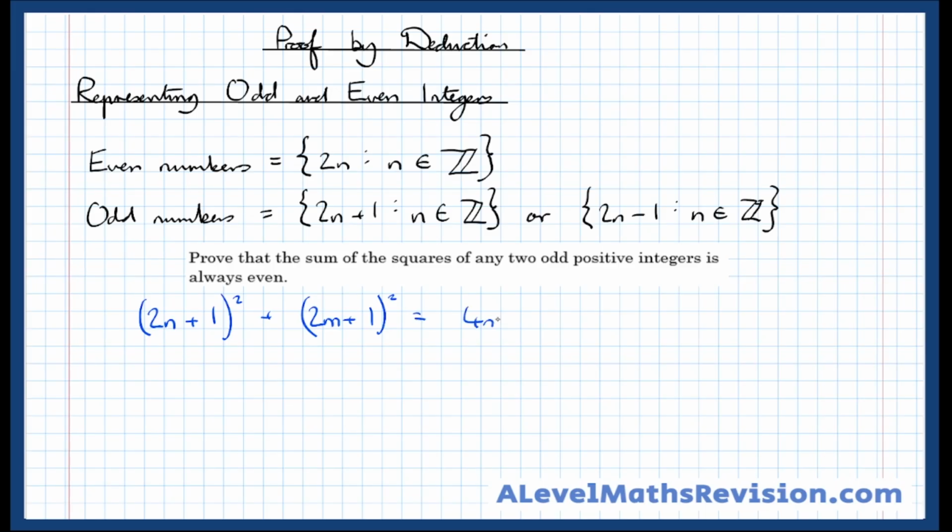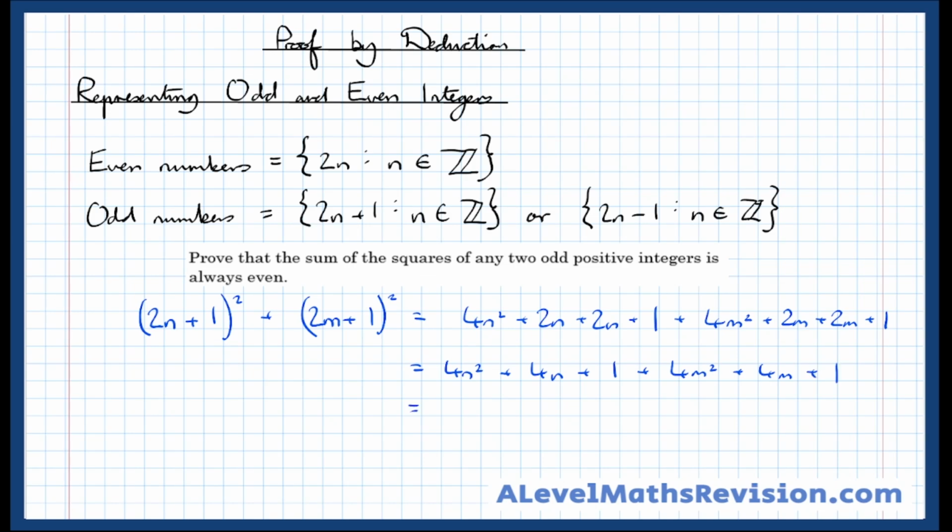We get 4n squared plus 2n plus 2n again plus 1 plus 4m squared plus 2m plus 2m again plus 1, which is equal to 4n squared plus 4n plus 1 plus 4m squared plus 4m plus 1.